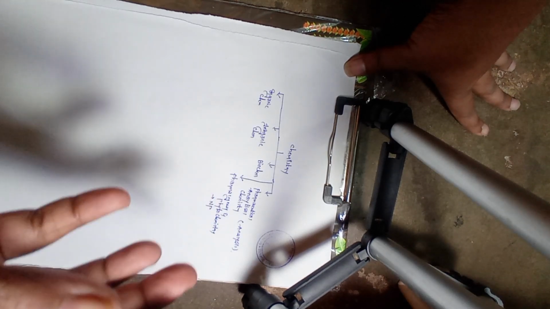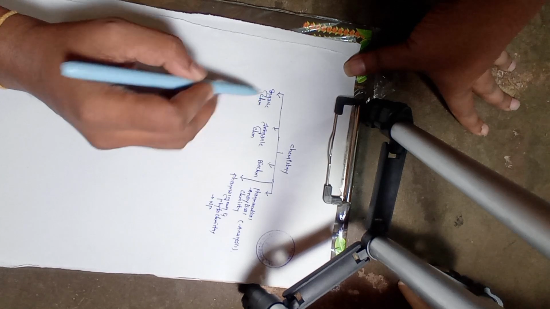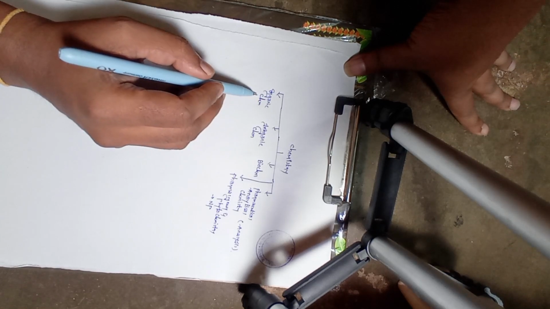Regarding organic chemistry, we are studying what is meant by a reaction, how it will be synthesized or prepared, what are the uses regarding a definite structure or a compound, and what type of reactions the compound will undergo. All this will be studied in organic chemistry.